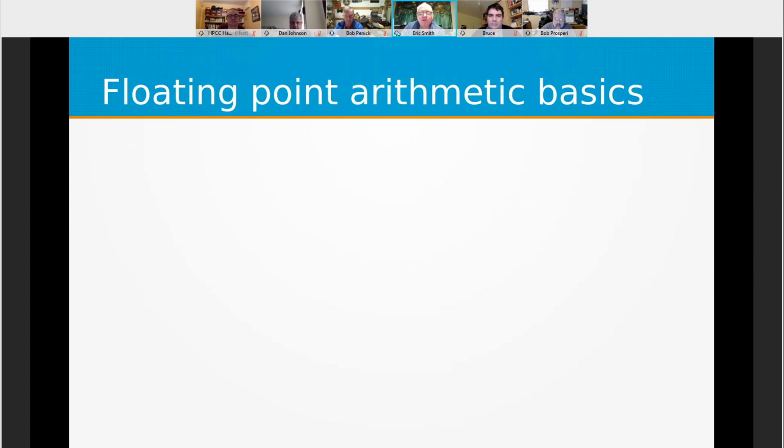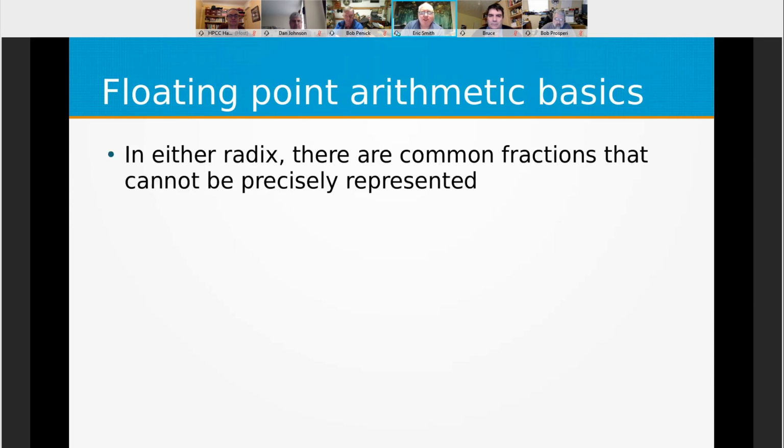So in either radix, whether it's binary or decimal, there are common fractions that cannot be precisely represented. For instance, 1/3, as everybody knows, in decimal is going to be 0.333, etc., repeating, and so there's no exact representation in decimal. And the same is true for 1/3 in binary, and that is because 3, the denominator, is relatively prime to the base of 2 or 10.